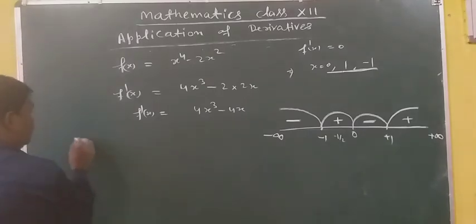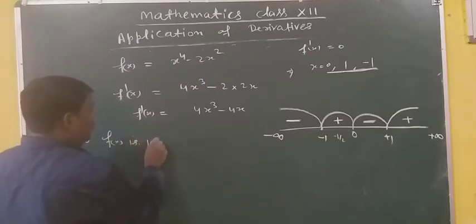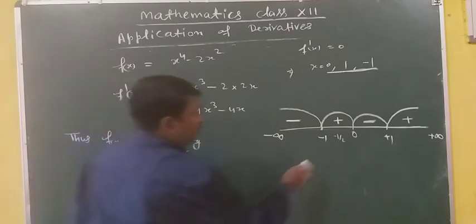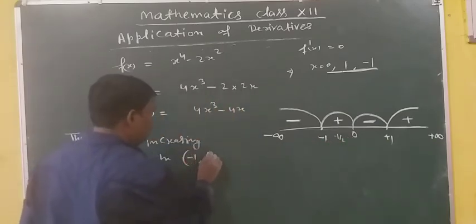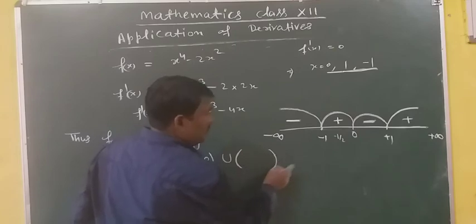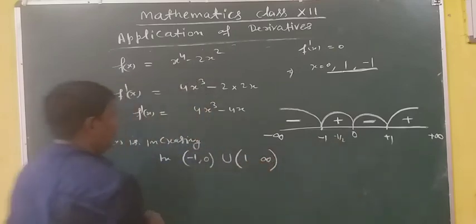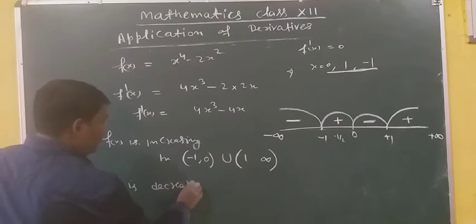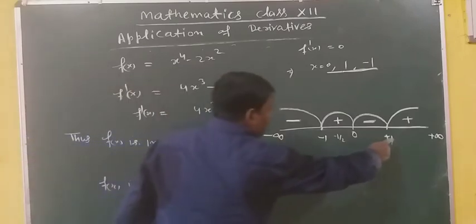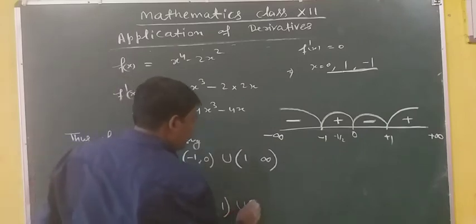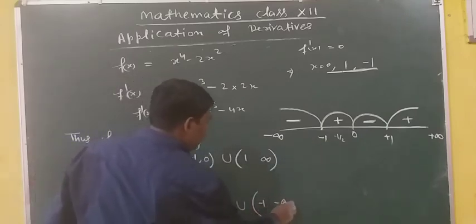Thus, how will you write the answer? The function f x is increasing in minus 1 to 0, union 1 to infinity, and the function is decreasing for 0 to 1 and minus infinity to minus 1.